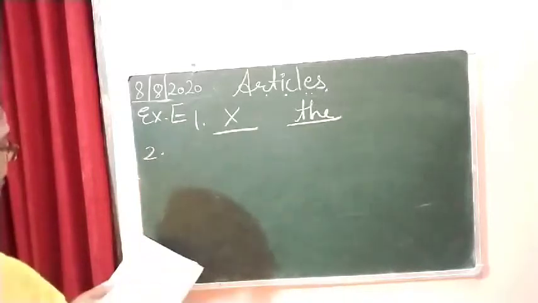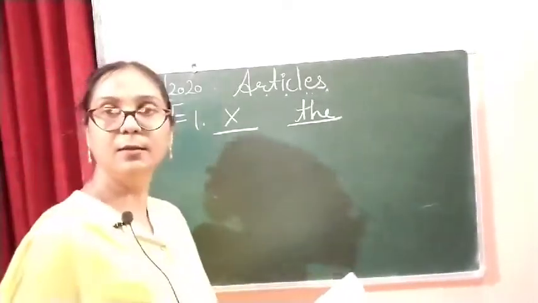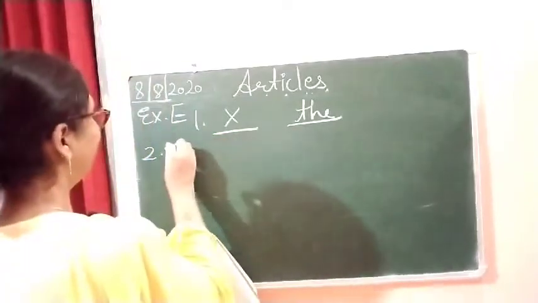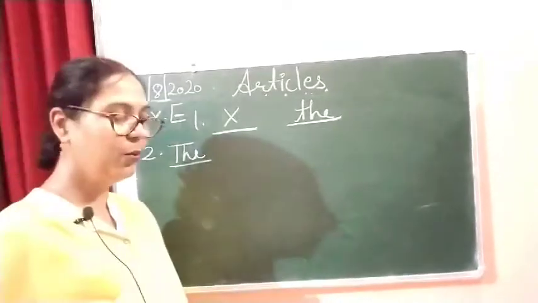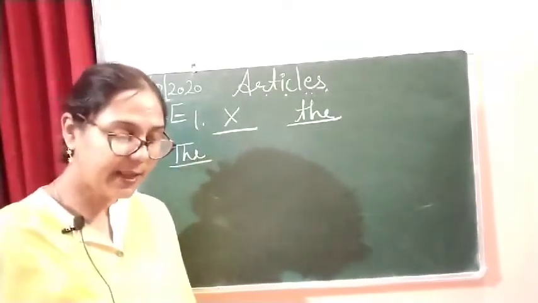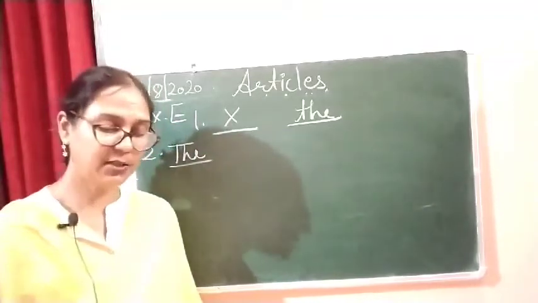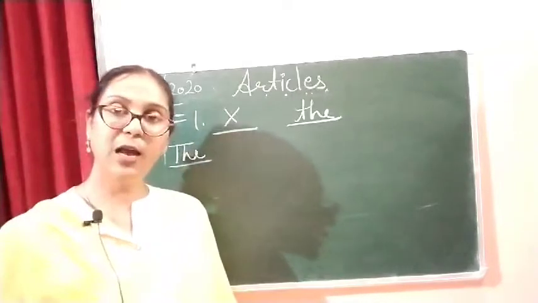Now in second, dash moon was shining brightly. Now here, because this is unique thing, so the moon was shining brightly. In third, there was not dash star in dash sky yesterday. Both are unique things.